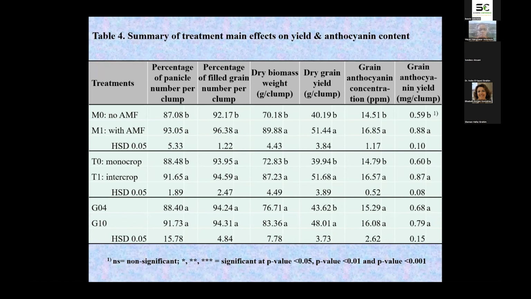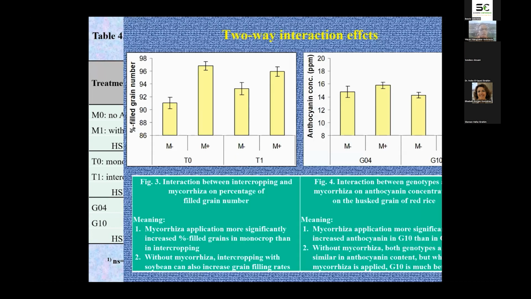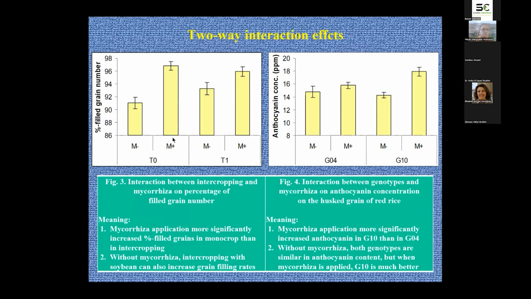From here, from figure three, we can see when we apply M plus here is supplied with mycorrhiza, supplied with biofertilizer.